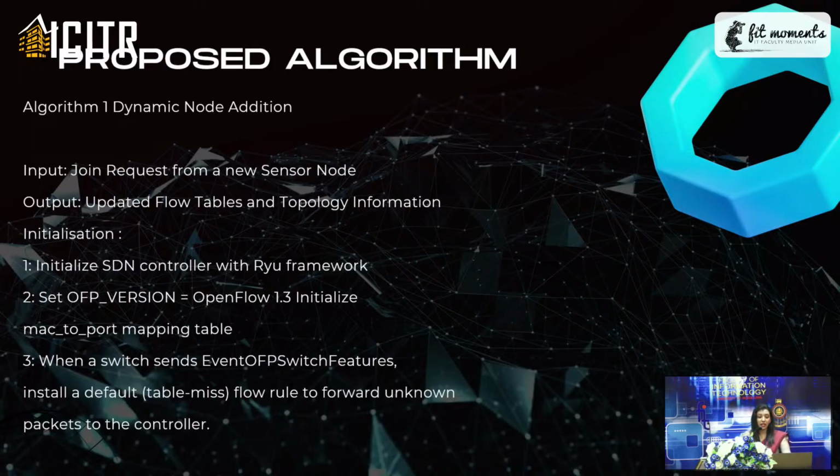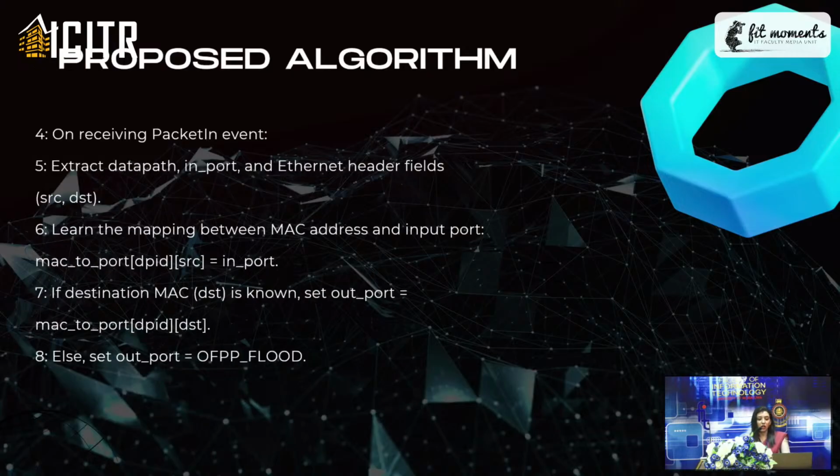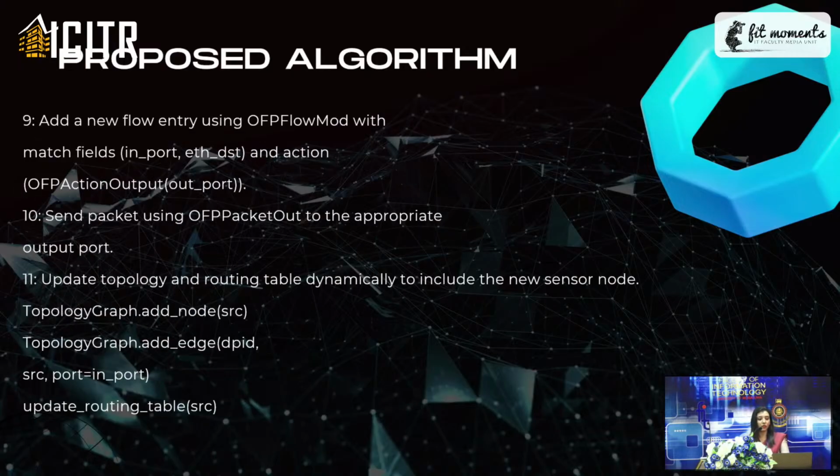If the packet destination is already known, the controller will send the packet to the correct port. Otherwise, the controller will flood the network until the location is learned. After that, the controller will install the new flow rules in the switches, and then update the topology graph and refresh the routing path to ensure scalability.